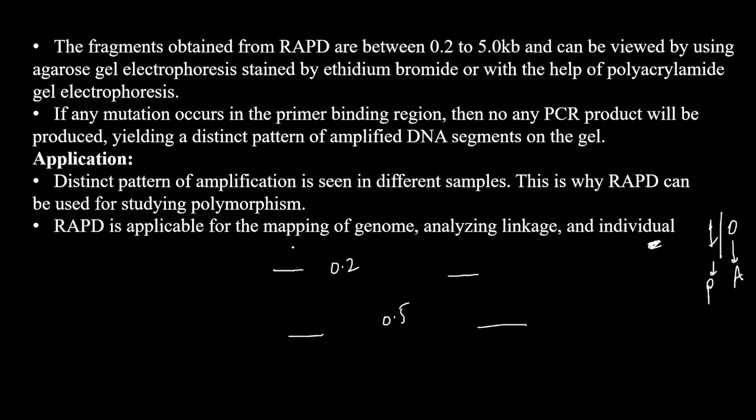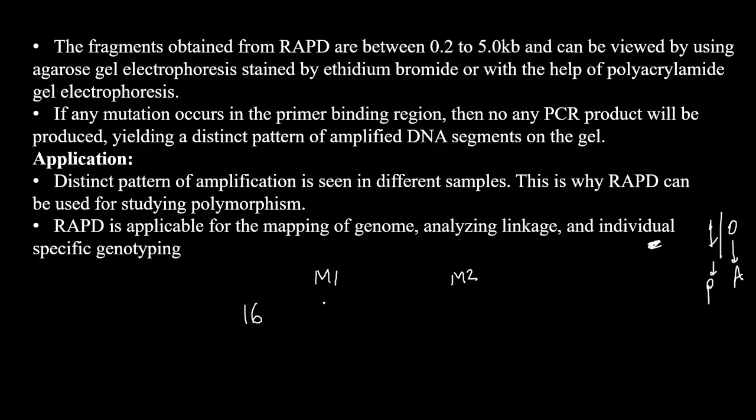RAPD is applicable for mapping of the genome, analyzing linkage, and individual-specific genotyping. How does that work? For example, you are studying two markers, marker 1 and marker 2, and you are getting 16 offspring like this, either 1 1 or 0 0, meaning either marker 1 is present and marker 2 is also present, or marker 1 is absent and marker 2 is also absent.